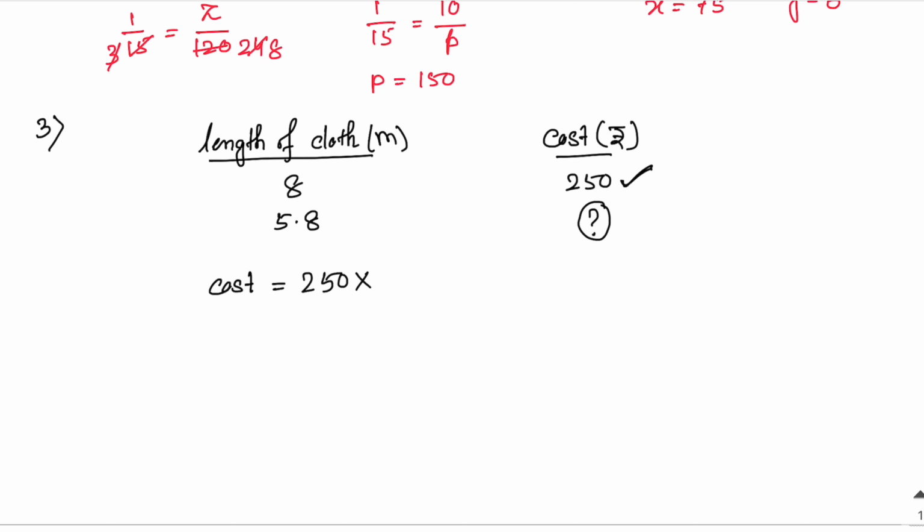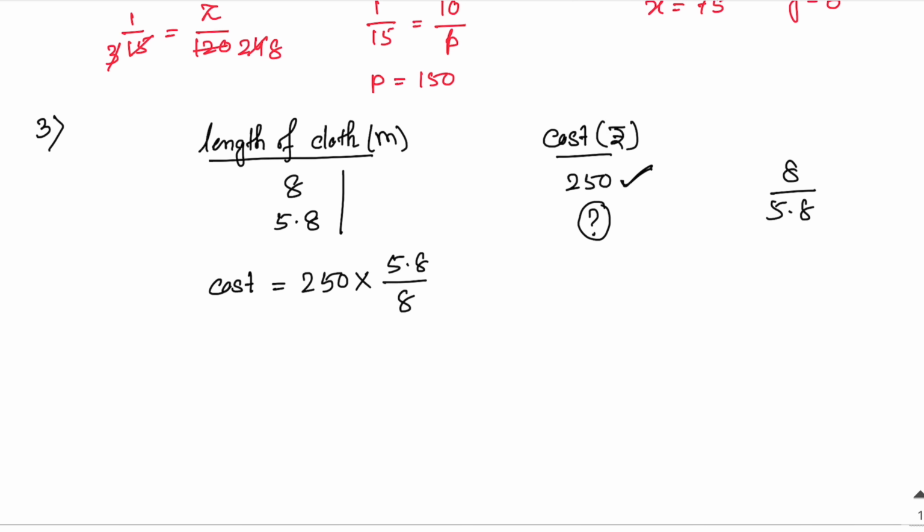Whenever you get the question mark, you have to write down the upper number of that question mark. And as here it is direct variation, remember that, here 8 and 5.8 means 8 by 5.8. In case of direct variation, you have to write down the reciprocal of this one, that means 5.8 by 8. For inverse variation, you have to write down the same one, that means 8 by 5.8.